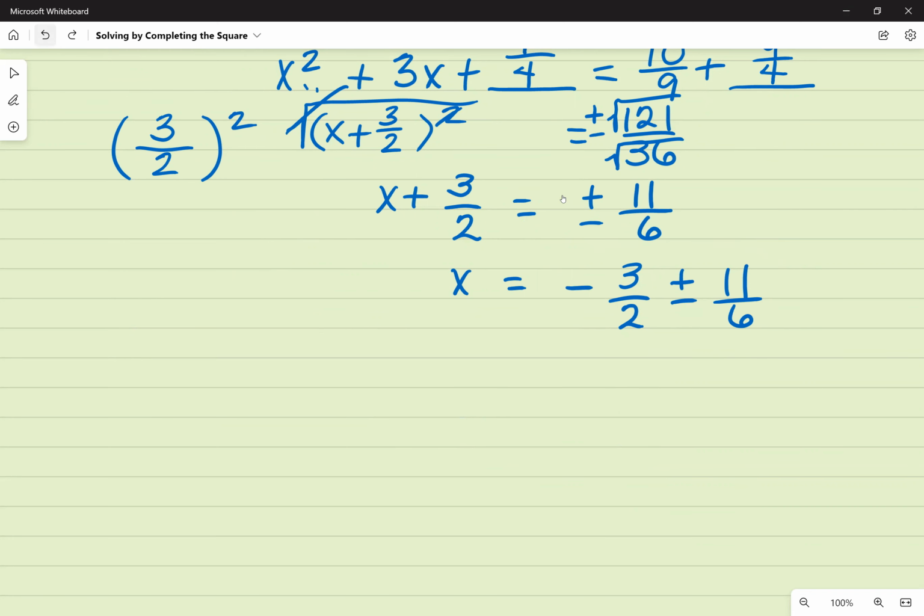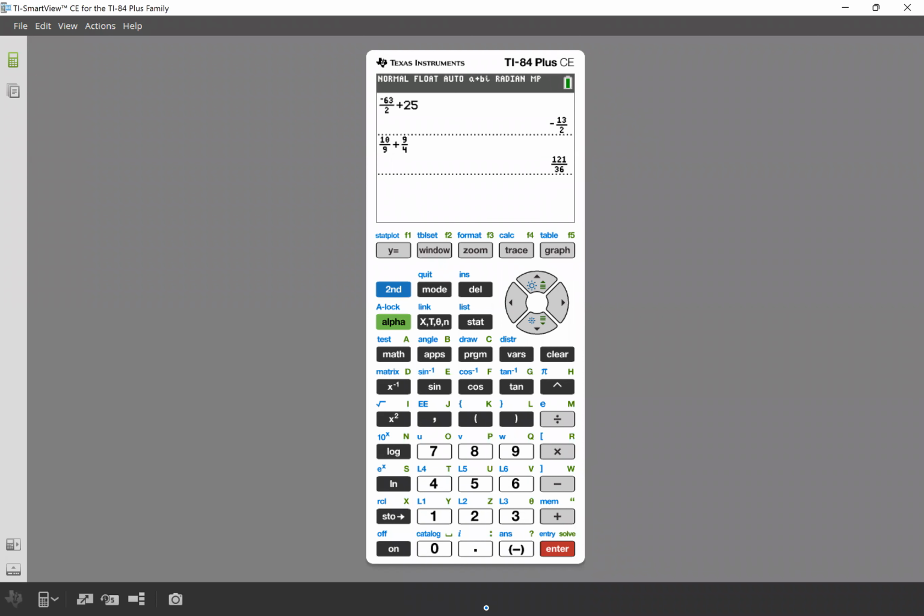Let's go back to the calculator and let's go to alpha y equals, enter negative 3 over 2 plus, in one case, because we have two fractions here, what was it, 11 over 6? Yes, 11 over 6. So this is the plus one.